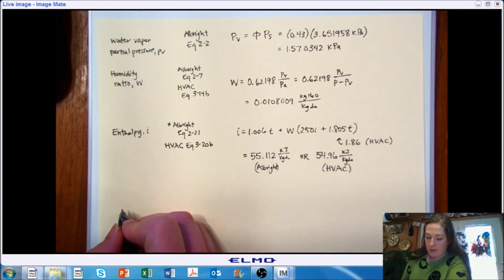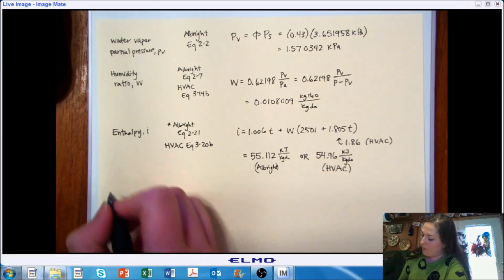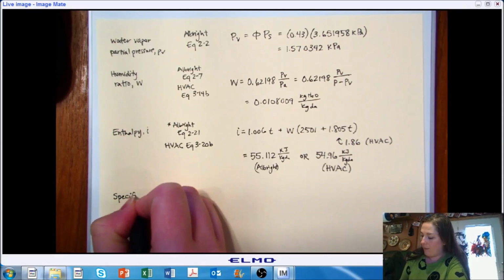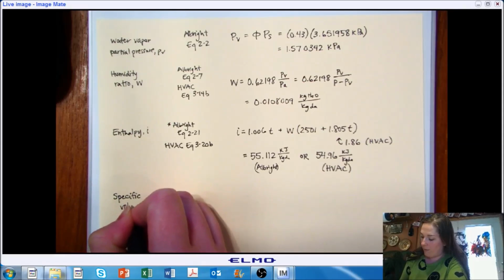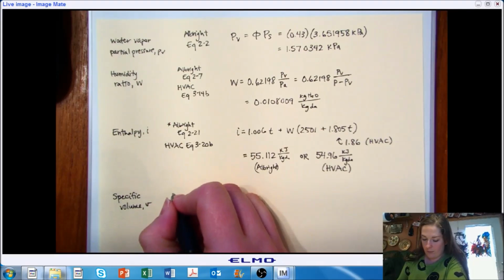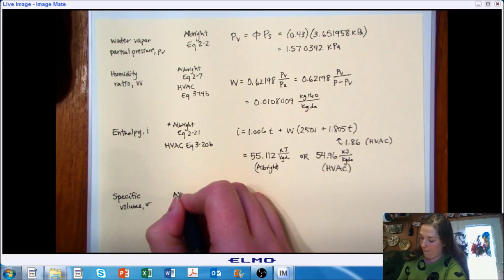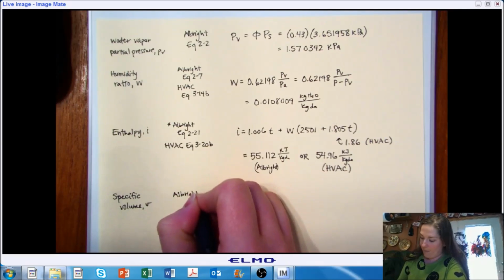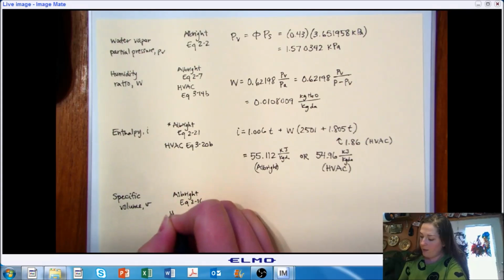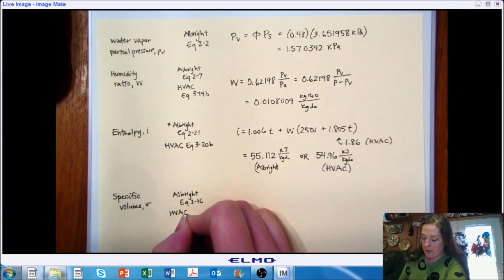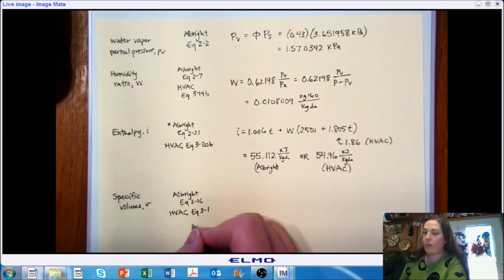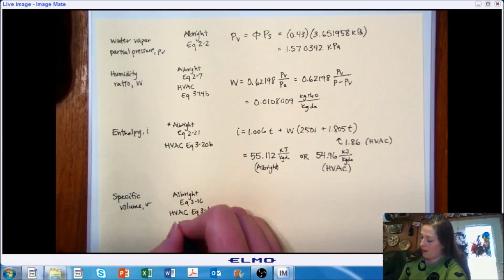So the next property that we're going to calculate is our specific volume. And in Albright, it's equation 216. And there is also an equation in your textbook, which is equation 3.1.